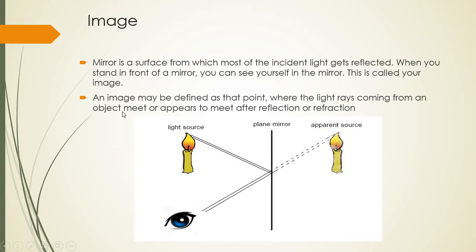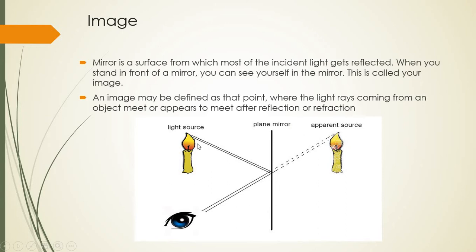So what is an image? An image may be defined as that point where the light coming from the object meets or appears to meet after reflection or refraction. Here the light rays get reflected back and appear to meet at a certain point, and at that point the image is formed.